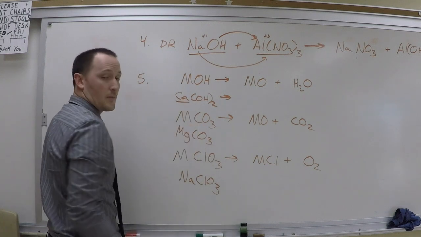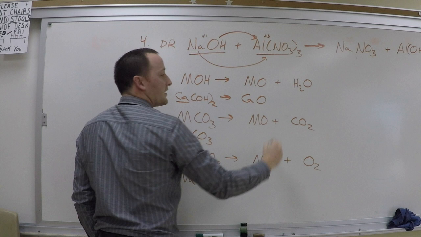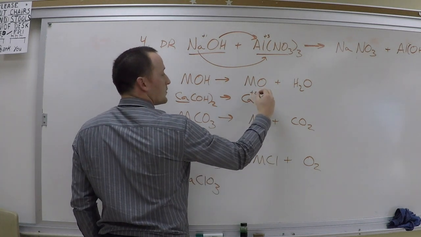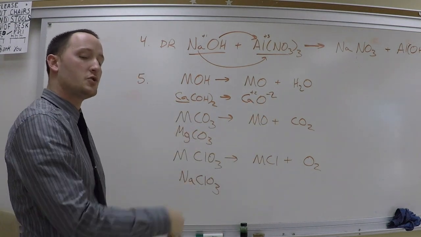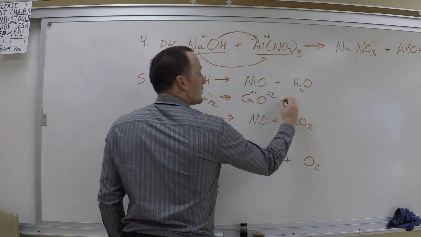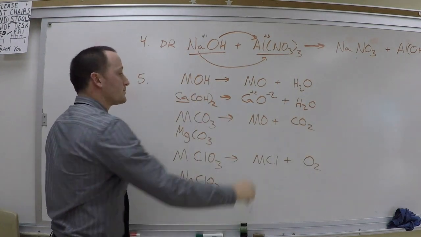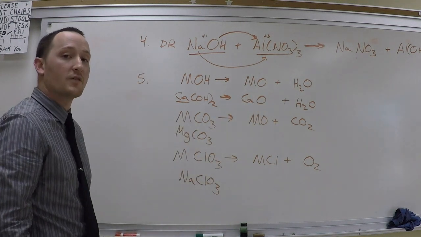Well, that's the metal, which means calcium oxide is going to be formed. Don't forget, you have to crisscross your charges. Because they're both +2 and -2, those charges are going to cancel out. And it will always be water. There are my products.